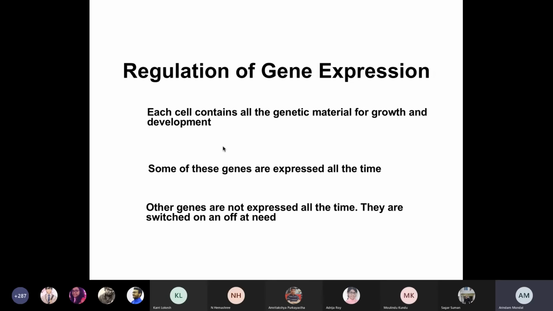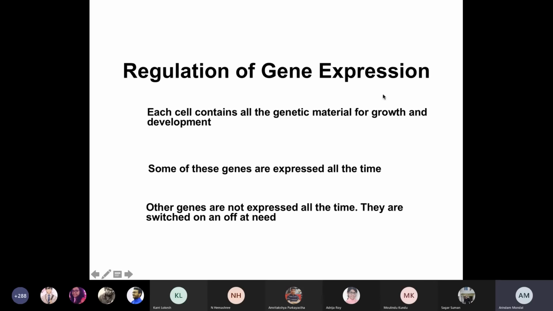Okay, but still you have so many different cells. Your skin cells are different from your neuronal cells, right? Your muscle cells, right? All these are different cells. And these different cells, although they have the same genetic information, express only some of the genes.